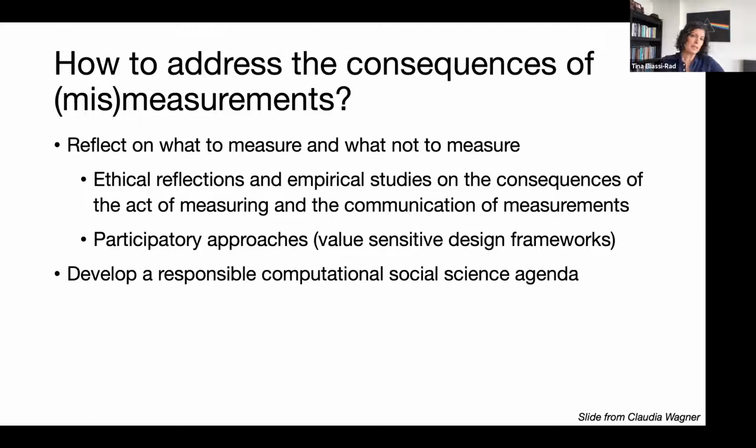And so some of the ways of addressing consequences of mismeasurement is to reflect on what are you measuring, what should you not be measuring, actually having what Friedman and Nissenbaum talked about, value-sensitive design, having people who these algorithms are going to be used on as part of this process, and developing a responsible computational social science agenda.